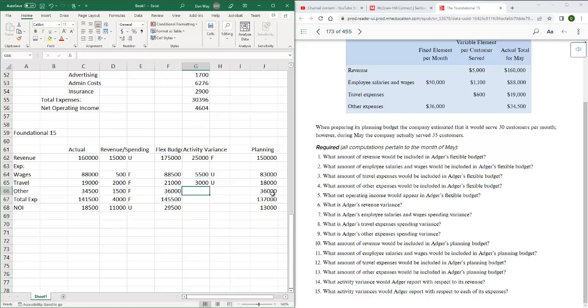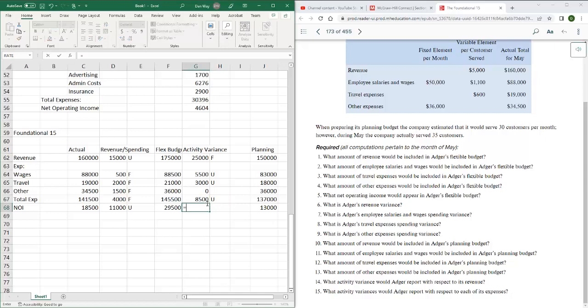Now, other, 36,000 versus 36,000. Remember, we never have an activity variance for a fixed expense. Never, never, never. Because we don't flex them in the flex budget. We assume they're staying the same. And again, I'll do the total line here. 145,500 minus 137,000. 8,500, that'd be unfavorable.